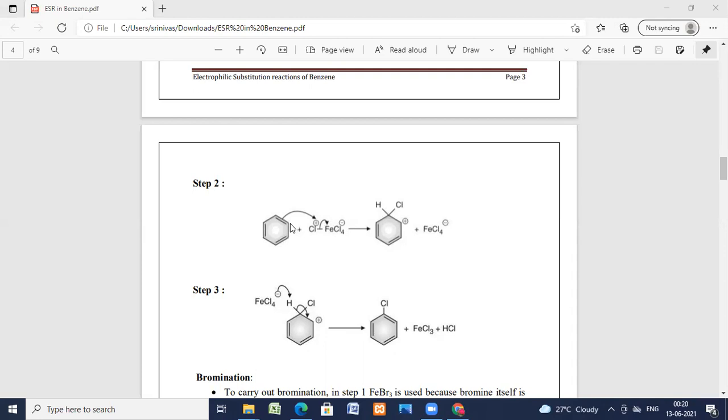And in the carbocation, the pi electrons shift and the positive charge is shifted to the para position. That is the second resonance structure. And the third one is, again, these electrons shift towards the back carbon and the positive charge is shifted to the ortho position.